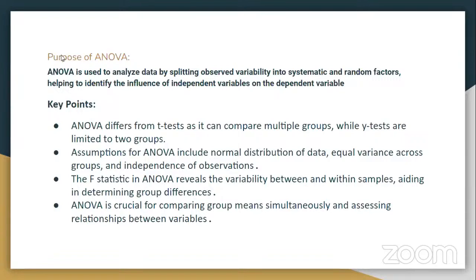Because we have to find out whether the between group variance is high or not. Our tendency will be to maximize the between group difference, for example, between the experimental group and the control group.